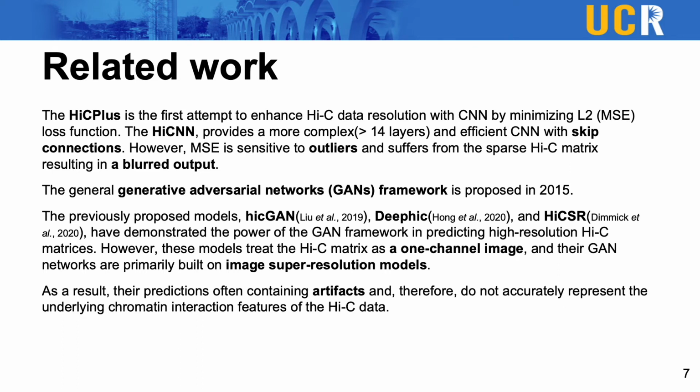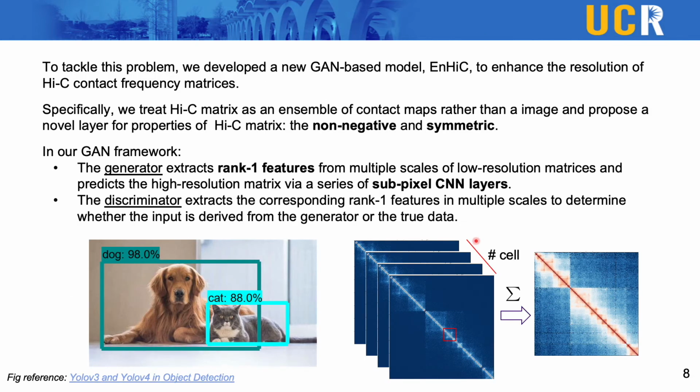These models treat the Hi-C matrix as a one-channel image, and their GANs are built on image super-resolution models. As a result, their predictions often contain artifacts, and therefore do not accurately represent the underlying chromatin interaction features. To tackle this problem, we developed a new GAN-based model, EnHiC, to enhance the resolution of Hi-C data.